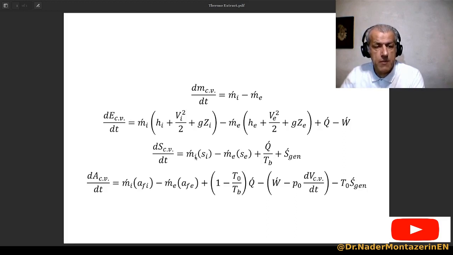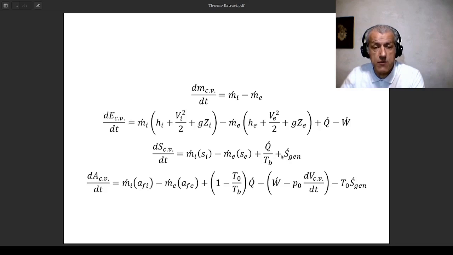So the problem ends up with these four terms: the entropy that enters with the entering mass, the entropy that leaves with the exit mass, heat transfer, which is 0 for an adiabatic compressor but has some value for the isothermal compressor, and S dot Gen, which we shall discuss now.